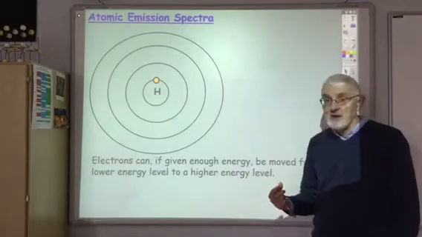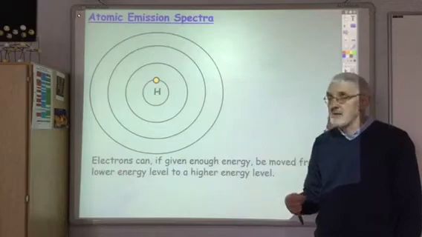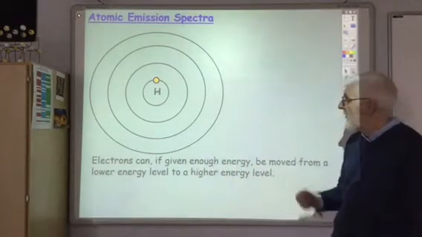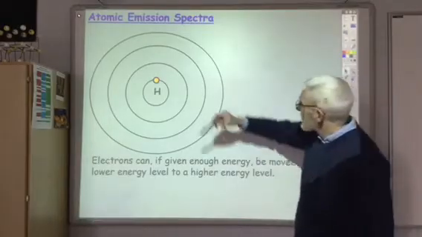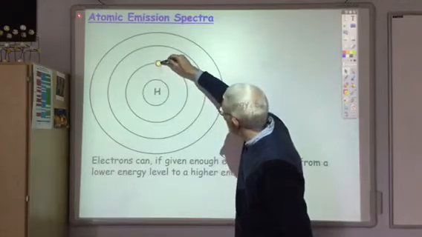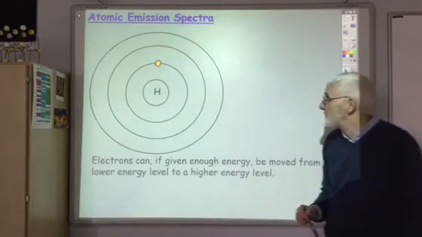Another way it's commonly done is by passing electricity through a vapour of the atom. No matter what way you are providing the energy, if you provide enough energy, this electron can be raised from the first energy level to a higher energy level, let's say the second one.